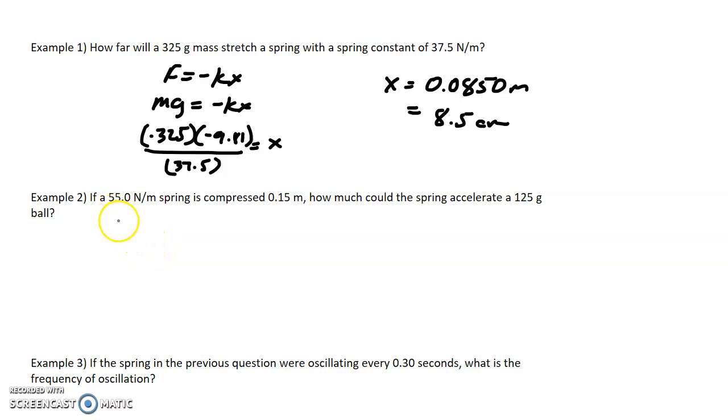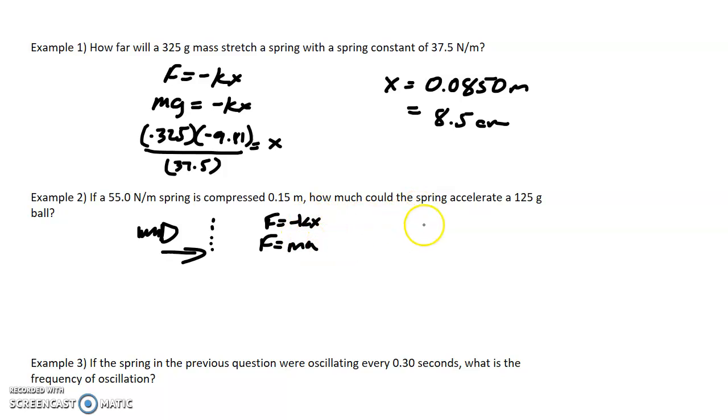Second example here, we've got a 55 Newton per meter spring, compressed 0.15 meters or 15 centimeters. And how much could accelerate this ball? So we're starting in this squish position. It's going to accelerate the ball as it moves towards its equilibrium. And so here, again, F is equal to negative kx, and F is equal to ma.